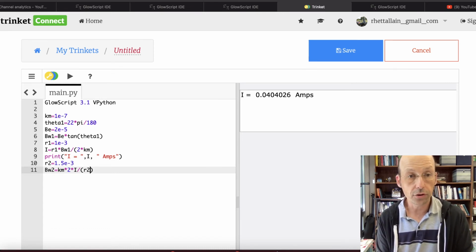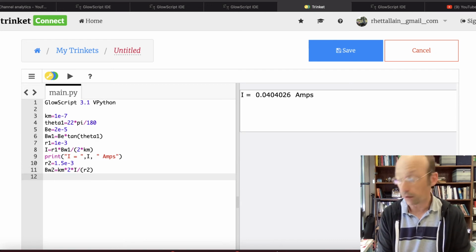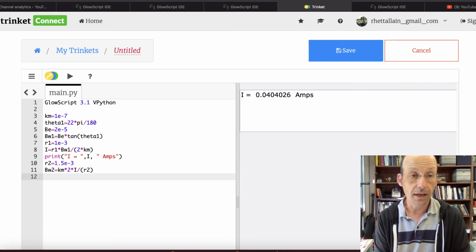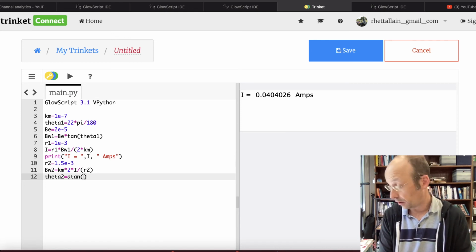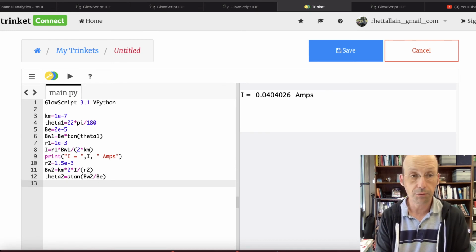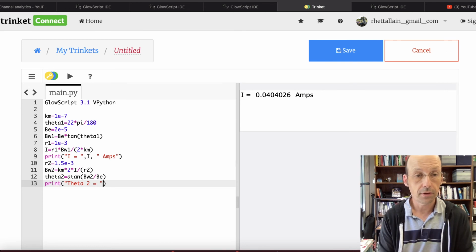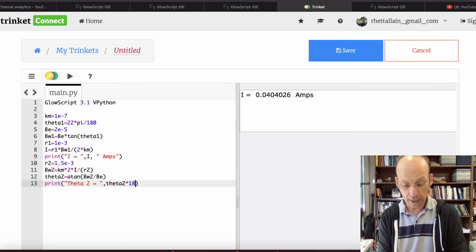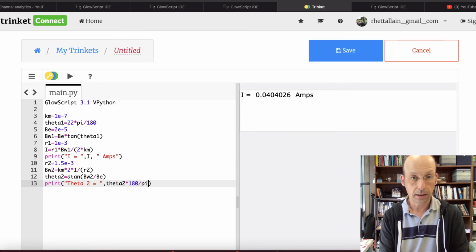Now B wire 2 is that, and I want to calculate the deflection, so I'm doing this a simple way first. I can say arctangent theta 2 equals arctangent, which is the arctangent in Python, of B wire 2 divided by B earth. And let's print that. Theta 2 equals theta 2, I want it in degrees, times 180 divided by pi.